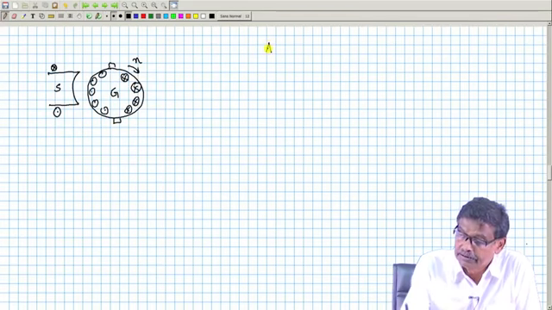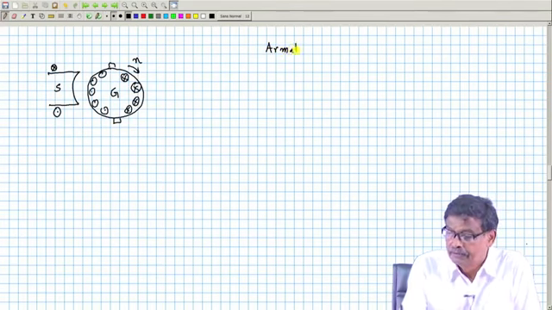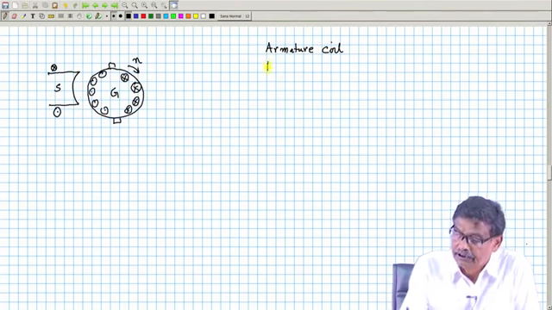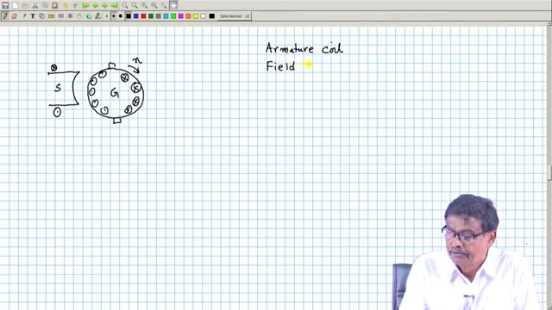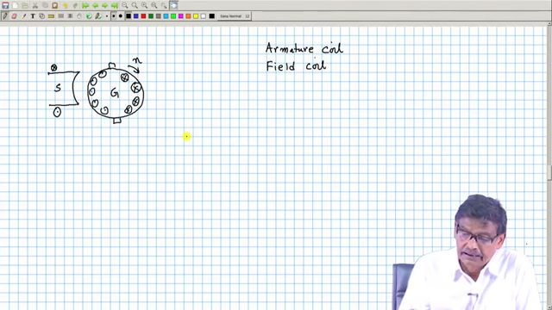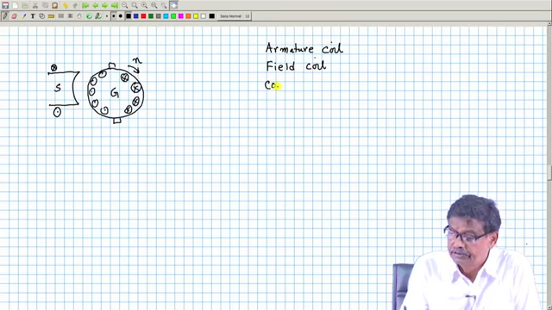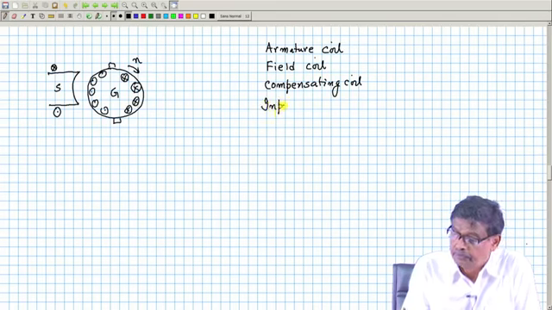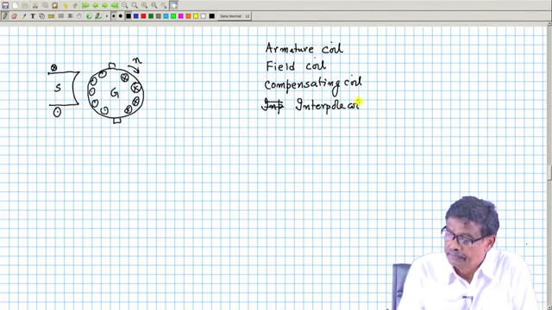So, there is the armature coil or armature winding, there is the field coil, and then I used the term compensating coil, and then interpole winding.